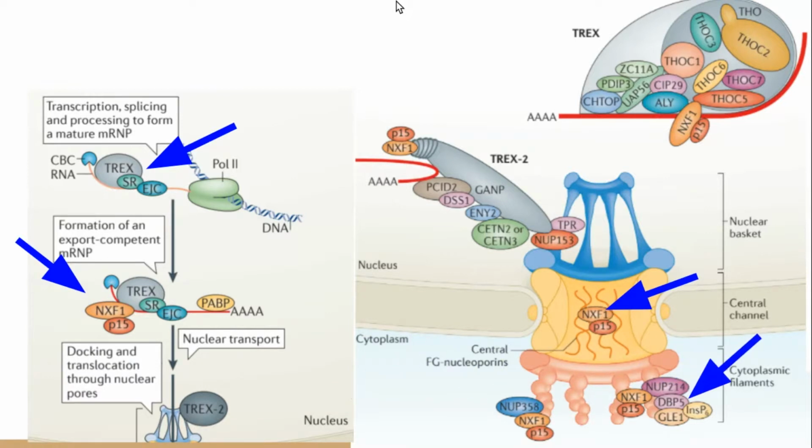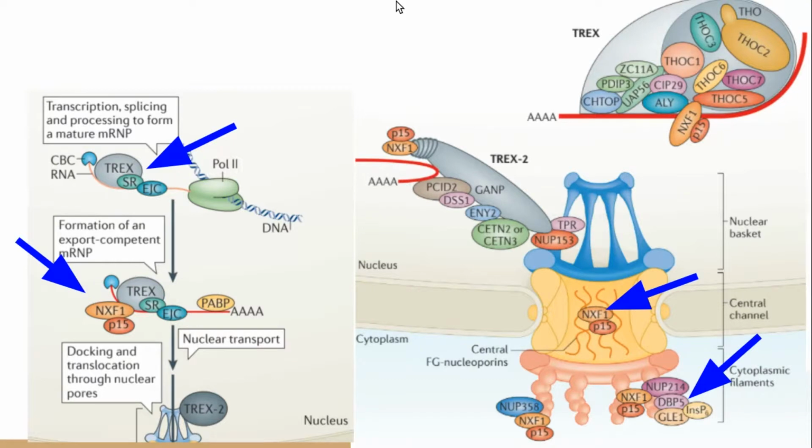Once in the nuclear pore, the NXF1 mRNA complex is pulled through by the action of the DBP5 protein. DBP5 is an RNA-binding ATP-dependent helicase. DBP5 also dissociates the mRNA from NXF1 once it's in the cytosol.